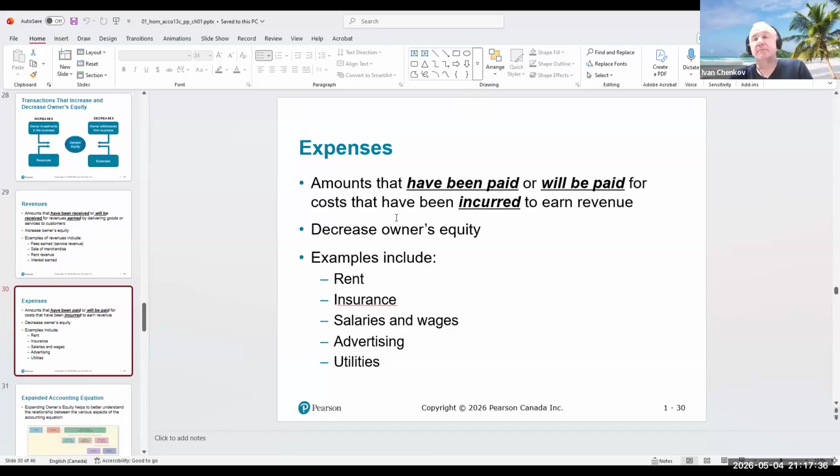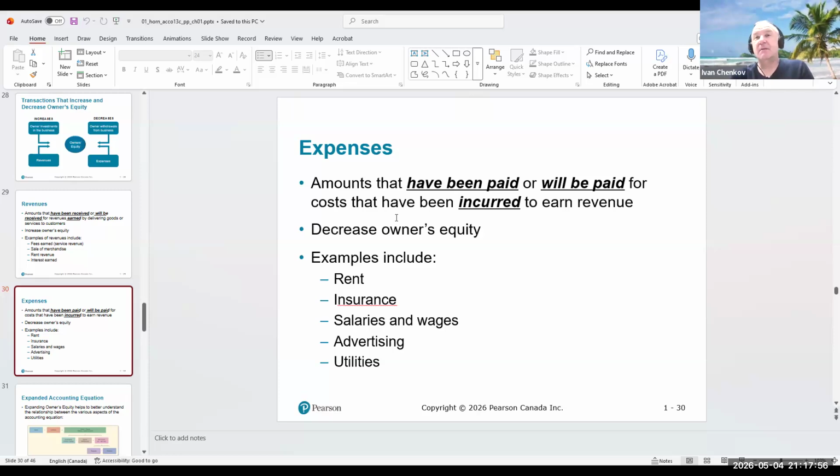Now expenses. What are expenses? Expenses are something that has already been paid or has to be paid. For what purpose? To earn revenue. Make sense?